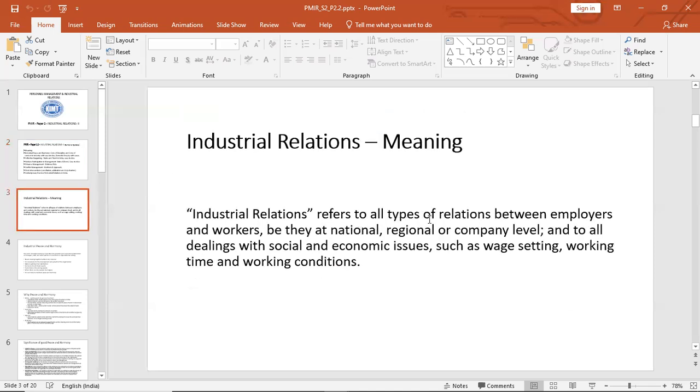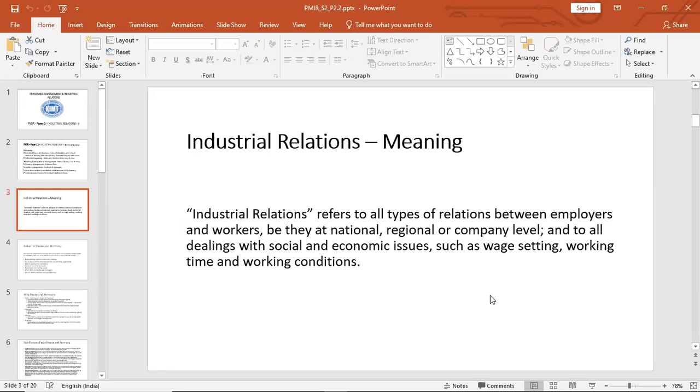Industrial relations refer to all types of relations between employers and workers, be they at national, regional, or company level, and all dealing with social and economic issues such as wage setting, working time and working conditions.